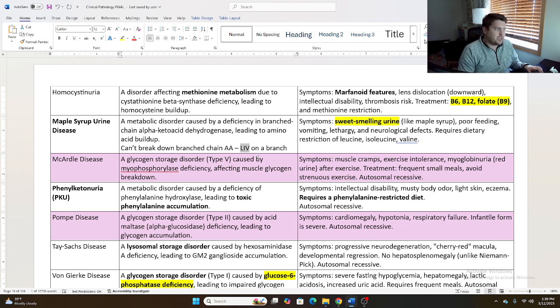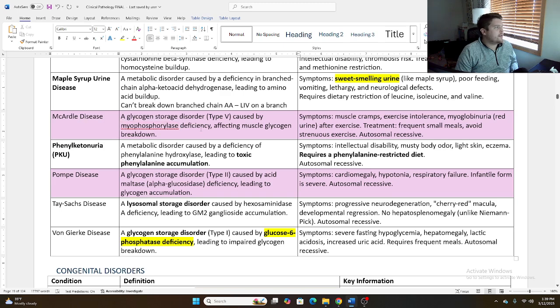Leucine, isoleucine, and valine are our branched chain amino acids. The body can't break them down. As a result, they end up getting excreted in the urine, and you get a sweet smelling urine. It supposedly smells like maple syrup. The only treatment for it is actually just restricting those specific amino acids.